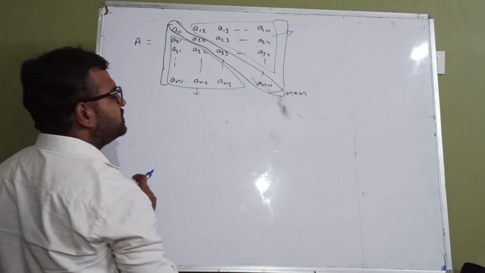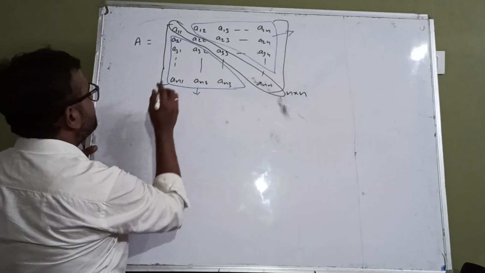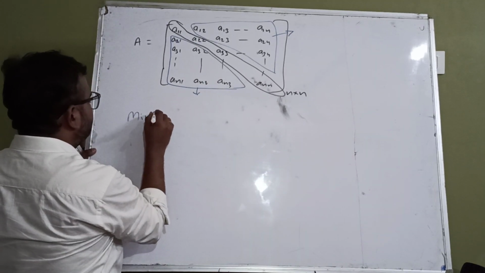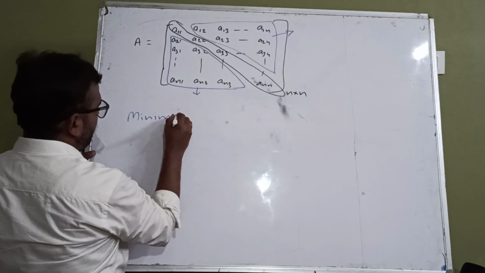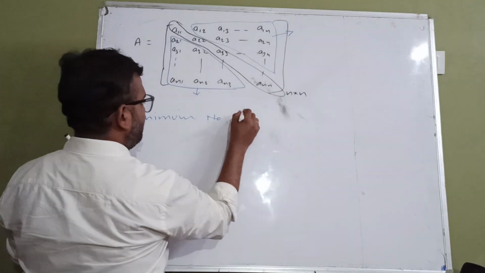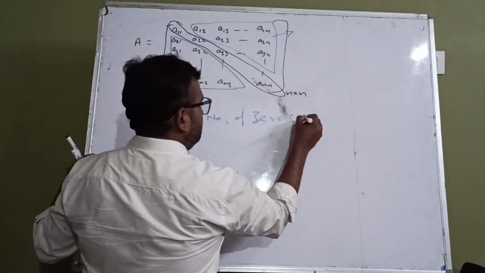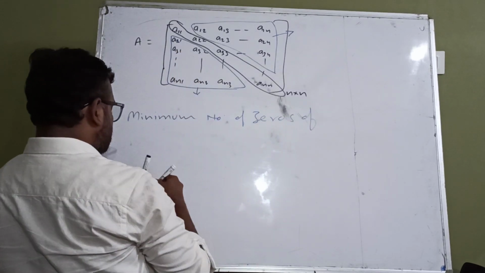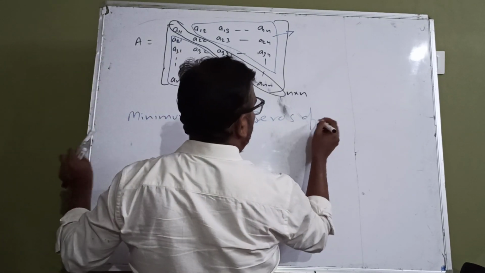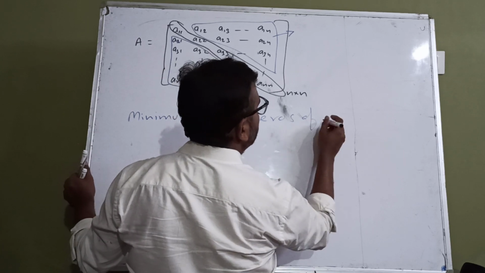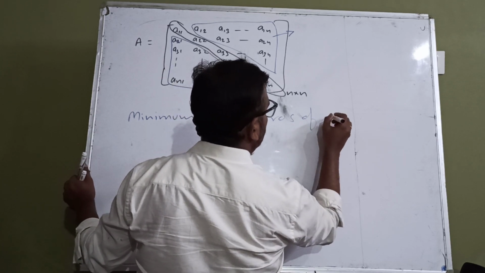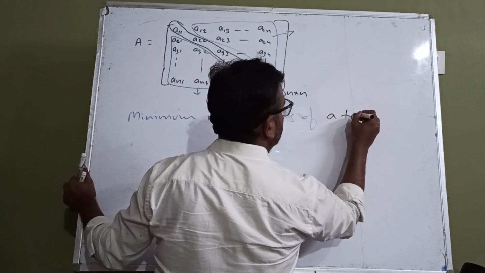Now what is the question here? The question is: minimum number of zeros of a triangular matrix.